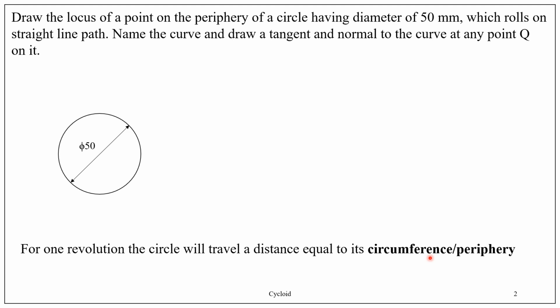Therefore, the length of the straight line should be pi d, that is the circumference. This is equal to 3.14 multiplied by 50 is equal to 157 millimeter.